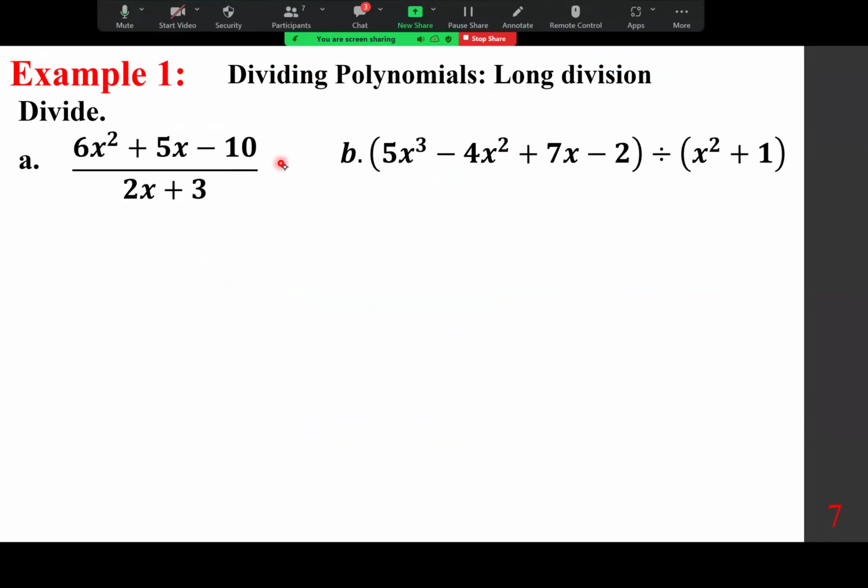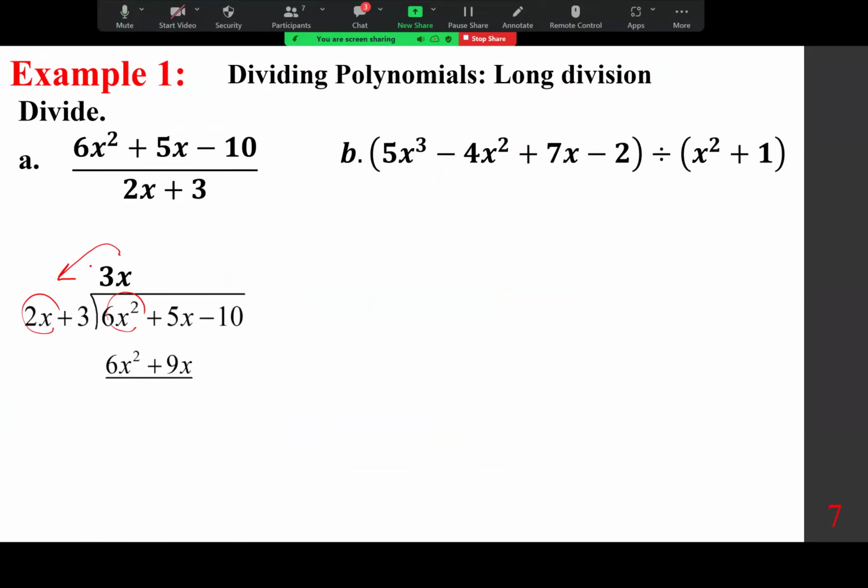We're going to divide 6x squared plus 5x minus 10 over 2x plus 3. So let's write it in this format. And we're going to divide the first term, 6x squared, by 2x. It results in 3x. And we're going to multiply the 3x by the divisor. It gives us 6x squared plus 9x.